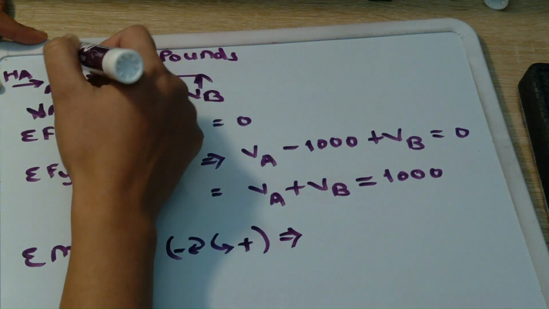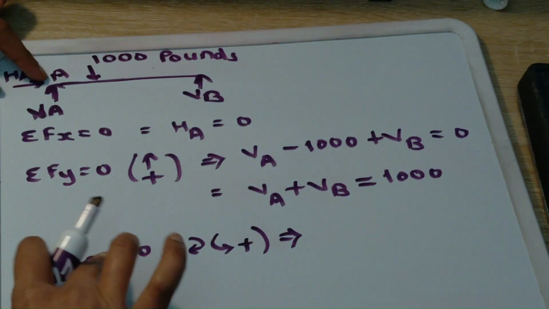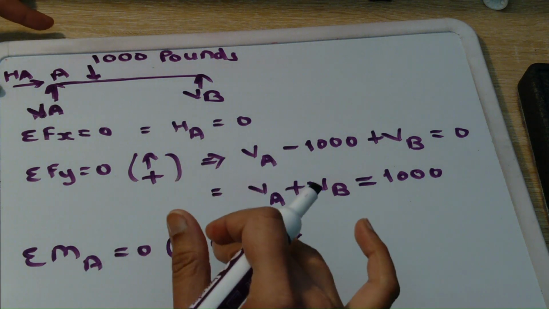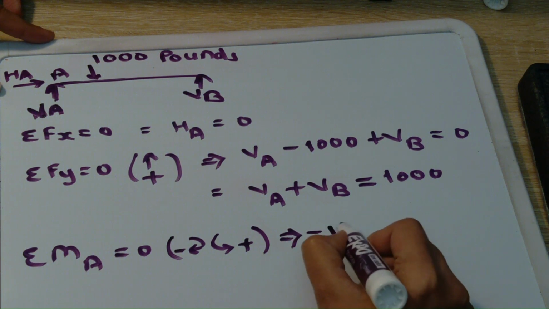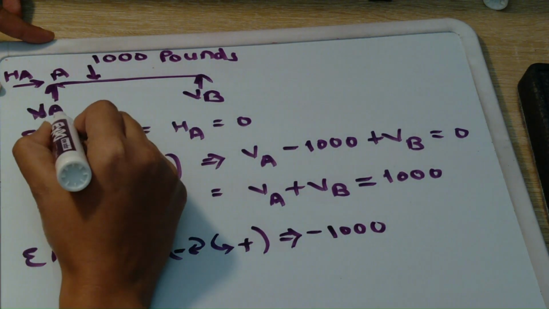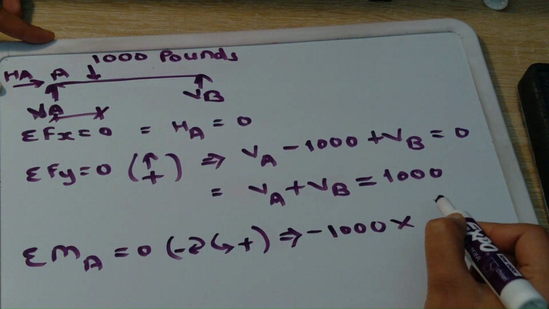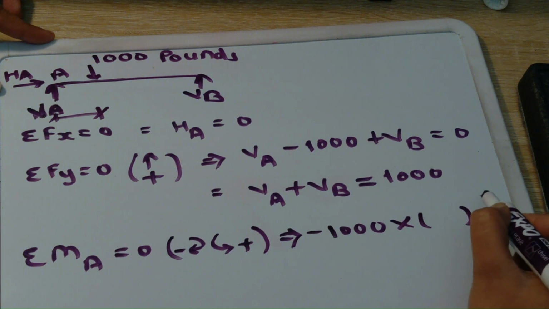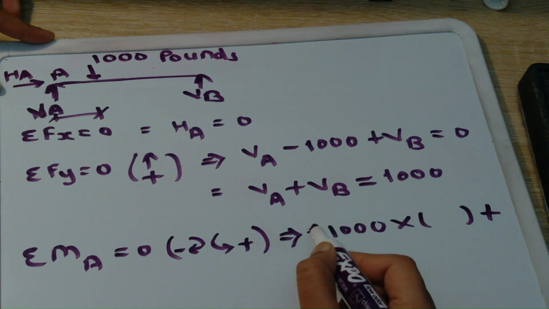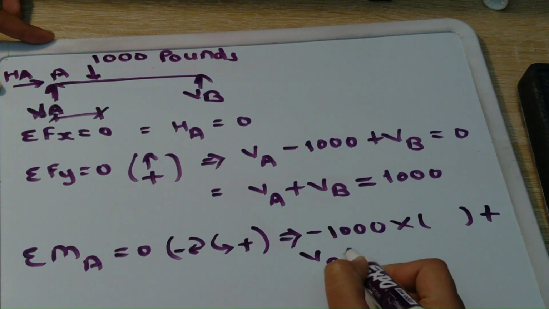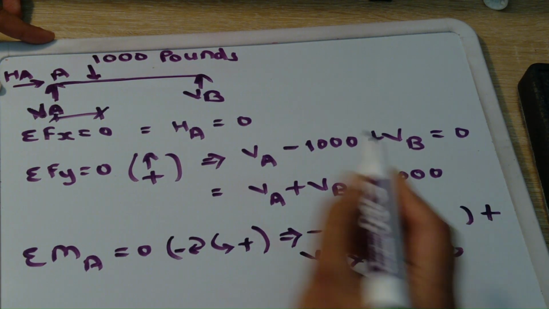At A, the 1000 pounds force is producing clockwise movement, so minus 1000 into the lever arm, plus VB is producing anti-clockwise moment, so VB into 10 feet is equal to 0.